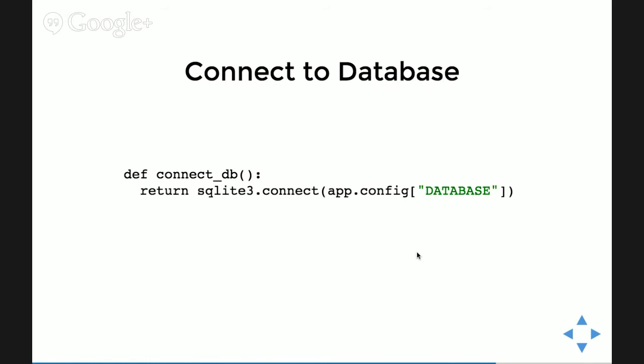Using the SQLite3 library, I want to connect to a database, and the name of that database is defined in a config that you defined at the top in capital letters. That config is stored inside the app.config map, which is generated from the app.config.from_object line. I don't remember exactly. But yeah, any questions right now?